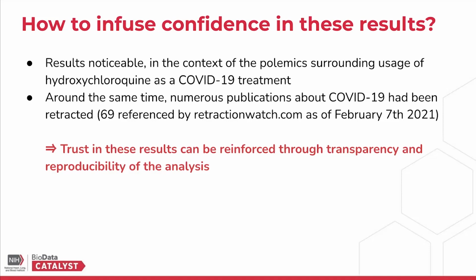So there was clearly some confidence crisis in the results that were published about COVID-19. So it made it even more important to reproduce and to provide very transparent results. Next slide, please.